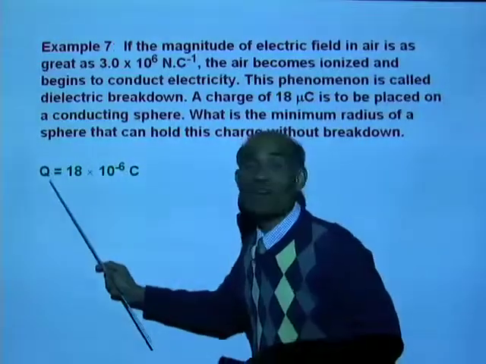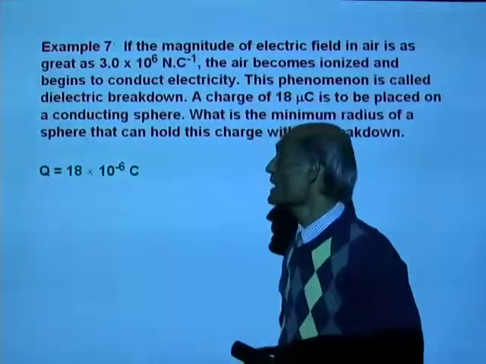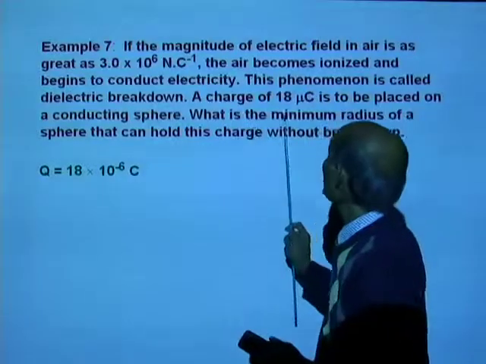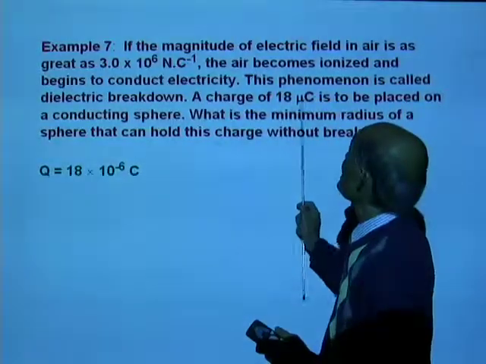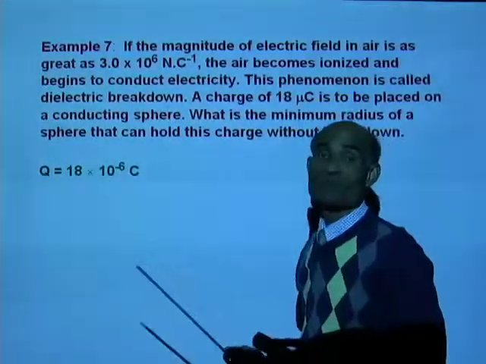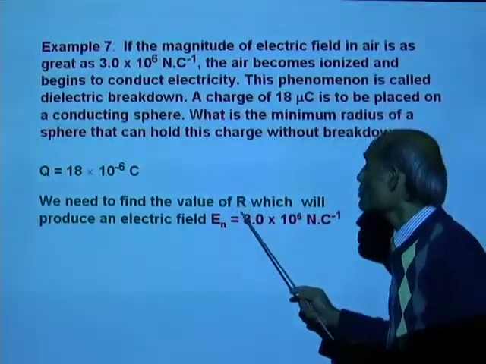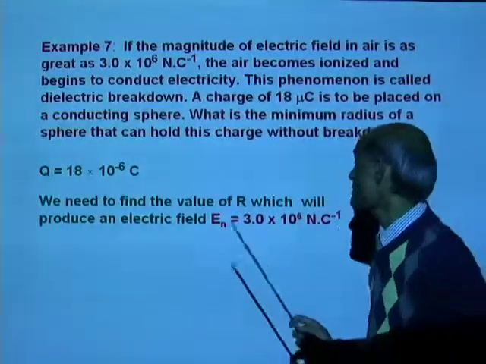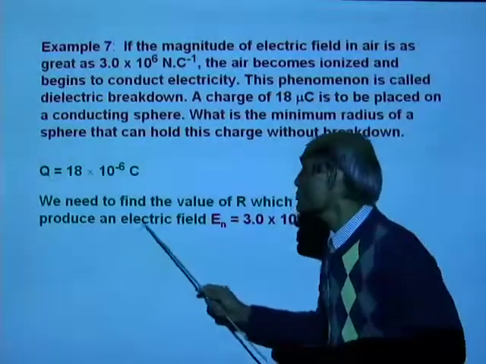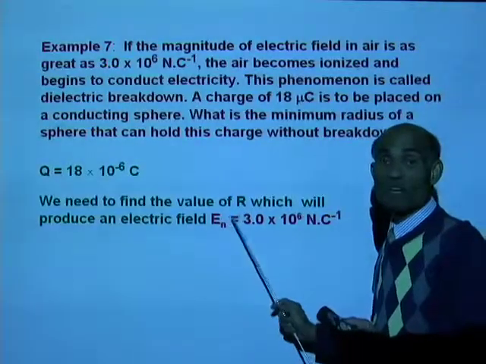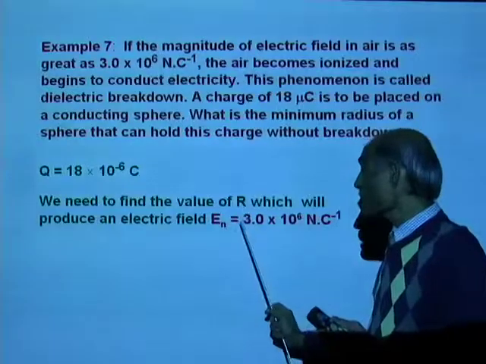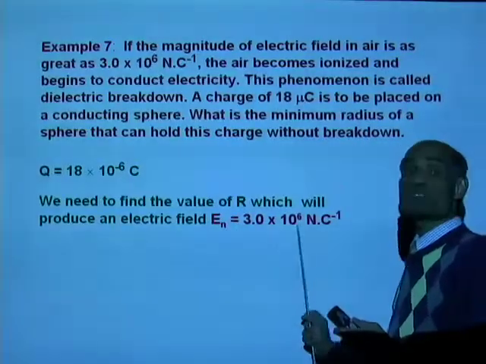So q, the amount of charge on the sphere, is 18 times 10 to the negative 6. 18 microcoulomb is this many coulombs. We need to find the value of the radius r of that sphere, which will produce a maximum electric field. In other words, the electric field will not exceed this value.